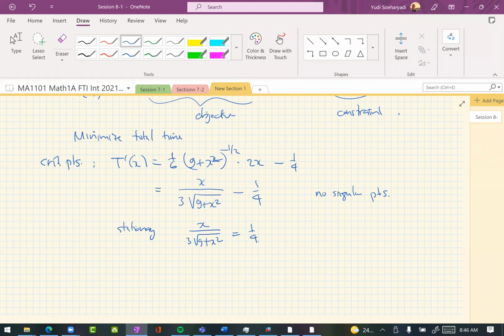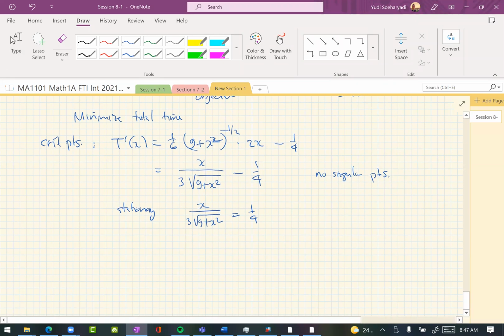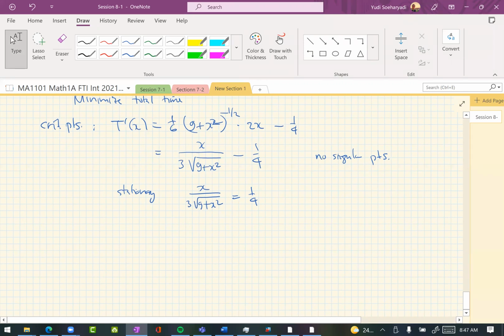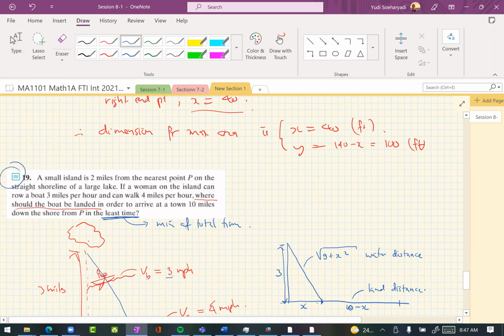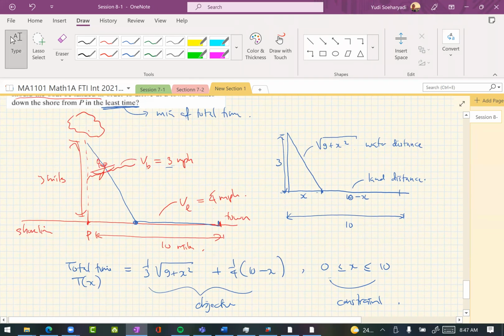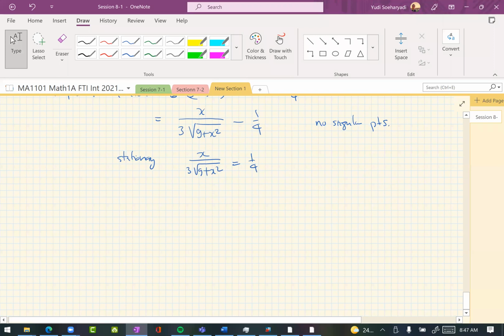Basically, you just square it, or you can solve that using a calculator. So let's go to our Maple.